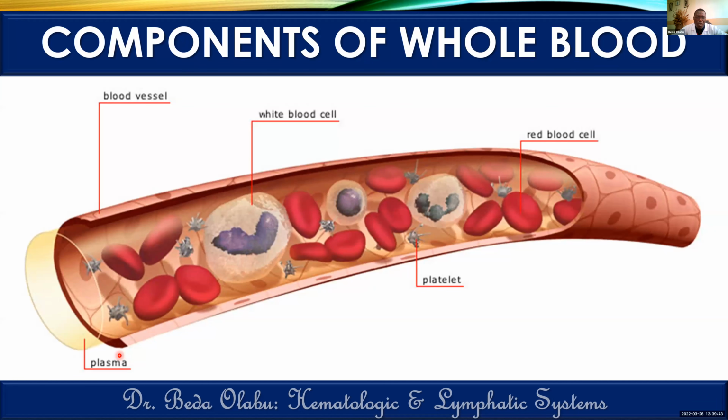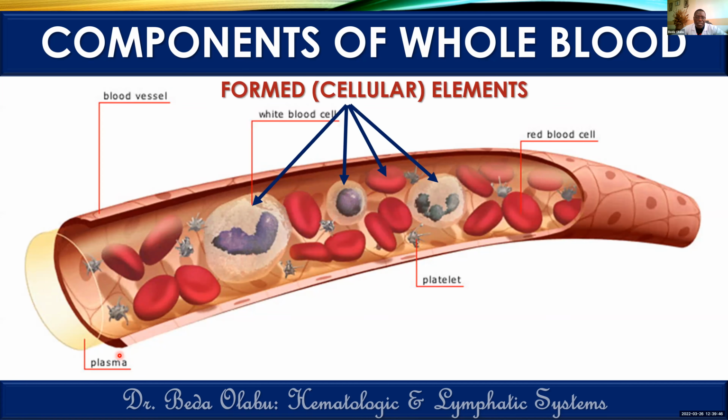In terms of component of whole blood, we can consider the whole blood to consist of two major aspects. We have the formed elements of blood. The formed elements of blood refers to the cellular components of blood. So the cells which are in the blood tissue are referred to as the formed elements of blood.